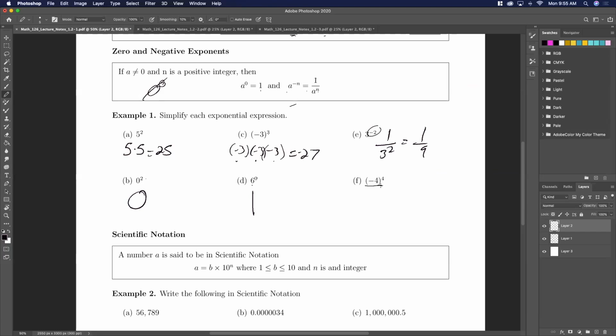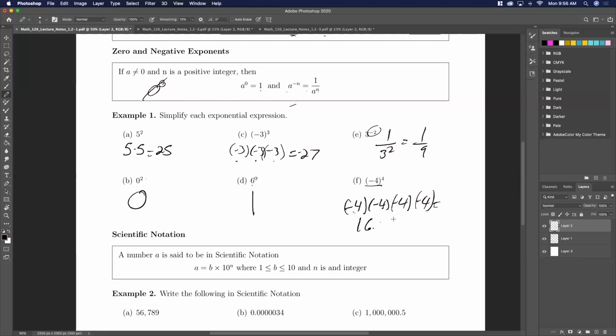And so if I was working with this, here I'd have minus 4 times minus 4 times minus 4 times minus 4, which equals 16 times 4 gives me... no, 16.